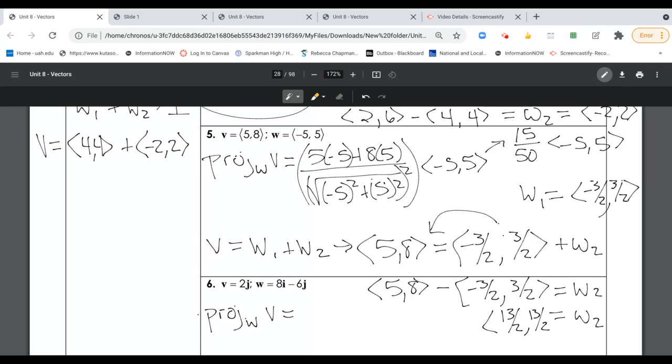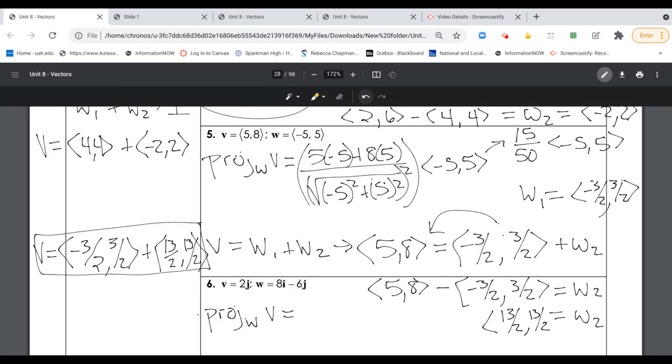All right, so my vector v, the 5, 8 vector, breaks down into W1, which was negative 3 over 2, 3 over 2, plus our 13 over 2, 13 over 2 vector W2.